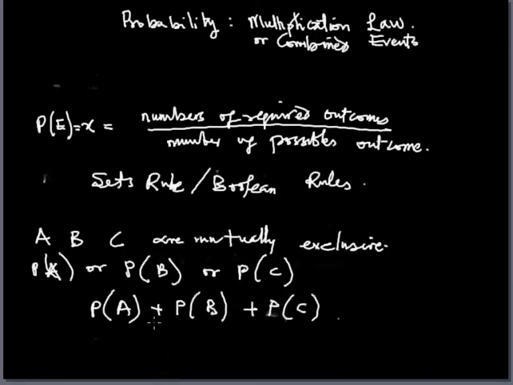That means you find the probability of A, and you add it to the probability of B and the probability of C. That is when they are mutually exclusive: this is going to happen, or this is going to happen, and you don't take them at the same time.